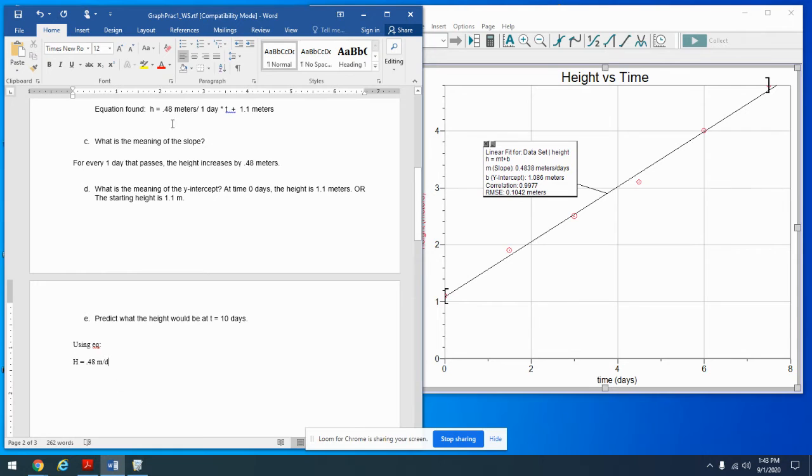I'm just abbreviating the meters and the days, M and D, but I'm including that, right? Times, I want to know what it is at time 10 days. So in the equation where it says T, I'm going to plug in 10 days, times 10 days, and then plus 1.1 meters. That is a little math equation, and I'm going to do that now.